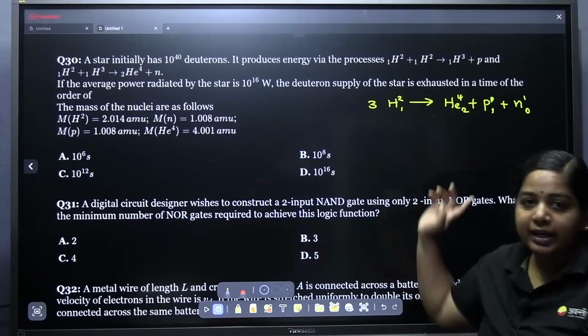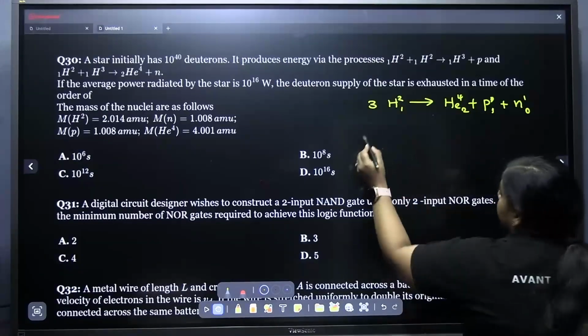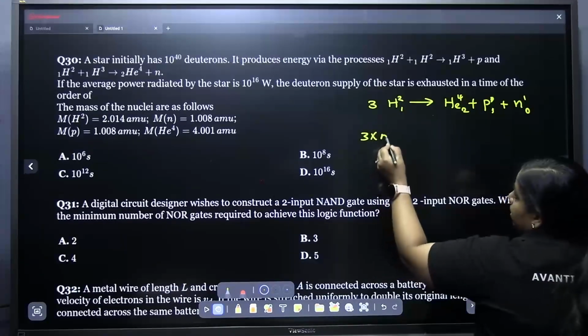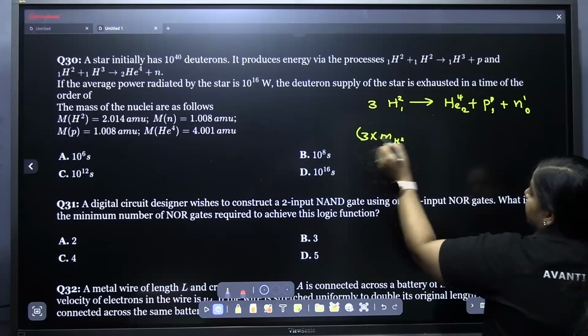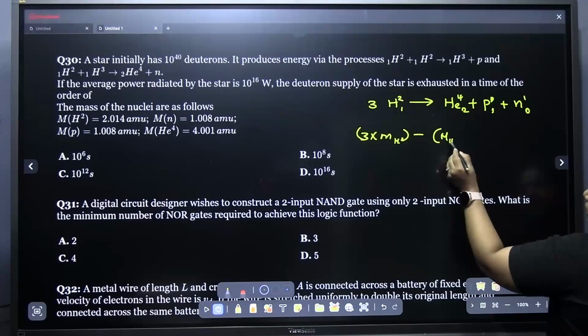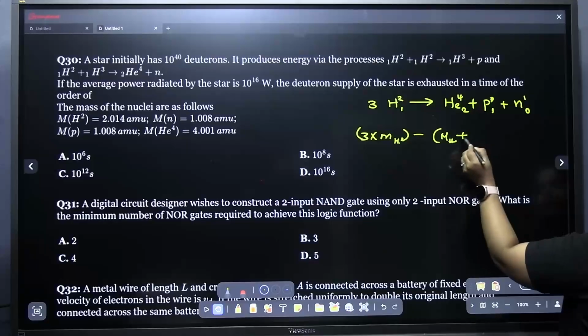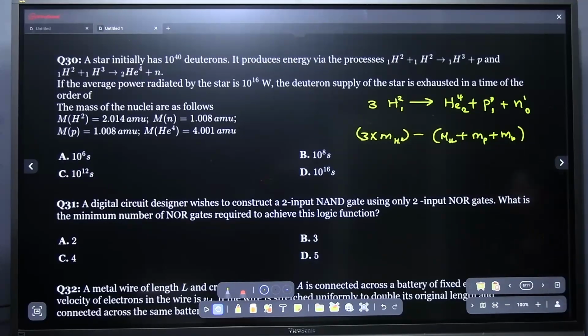Now to find how much energy is produced by this, you have to use 3 into mass of deuterium minus mass of helium plus mass of proton plus mass of neutron.